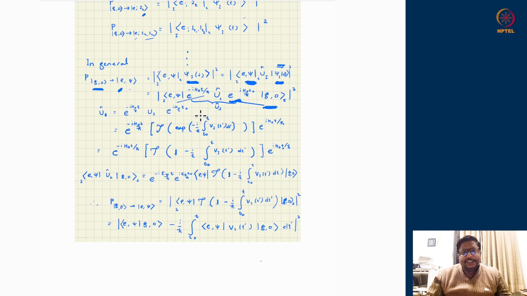Now, once this exponential has appeared over here and we have decided that the interaction potential is feeble, not very strong, I can see that this exponential has the character e to the power minus x, with a small x. The interaction Hamiltonian is not very strong, so I can Taylor expand this exponential. So this is a 1 minus x kind of term. There could also be x square plus x cube and those kinds of terms, which I'm ignoring, because remember, when we were discussing the linear or bilinear coupling, I had already thrown away higher order field operators, phi square or a square.